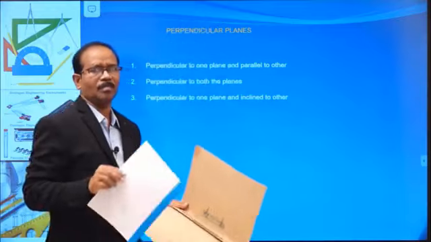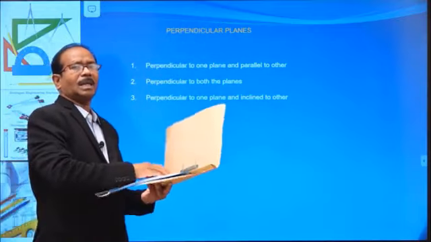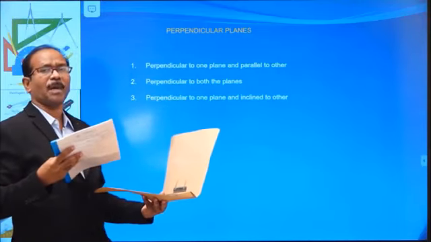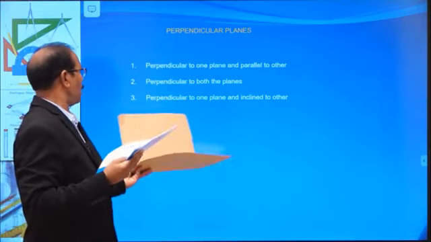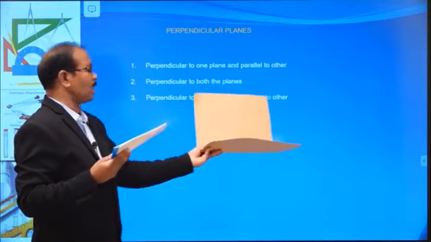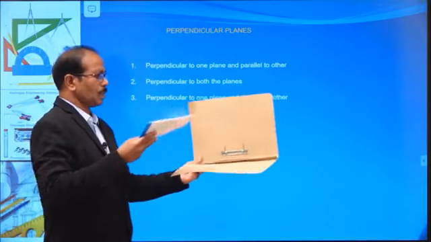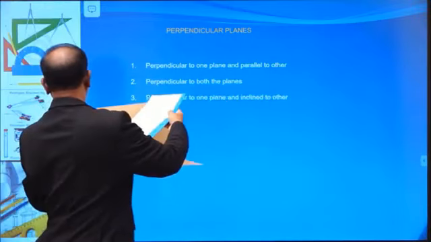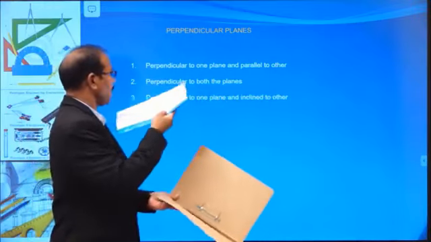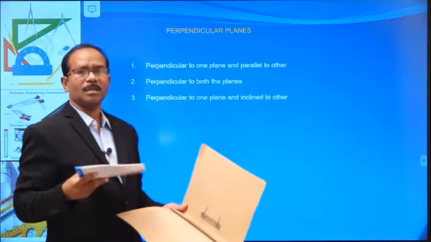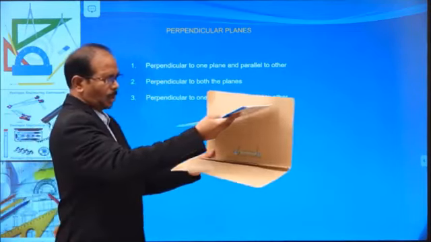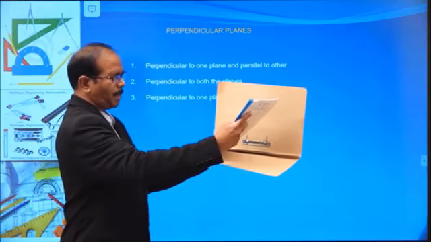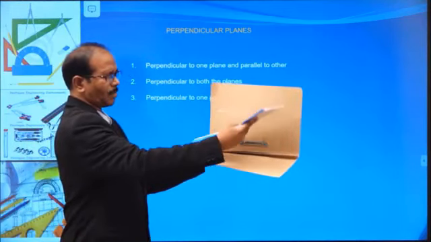See the last one: a plane inclined to HP and perpendicular to VP. Now, perpendicular to one plane and inclined to the other plane. Let us observe. The plane is inclined to HP and perpendicular to VP.